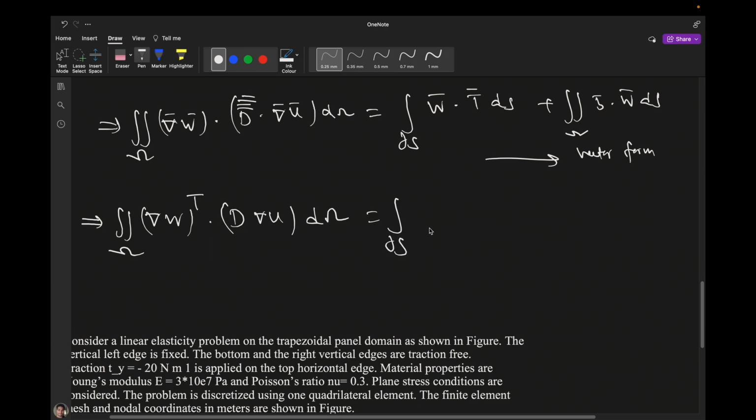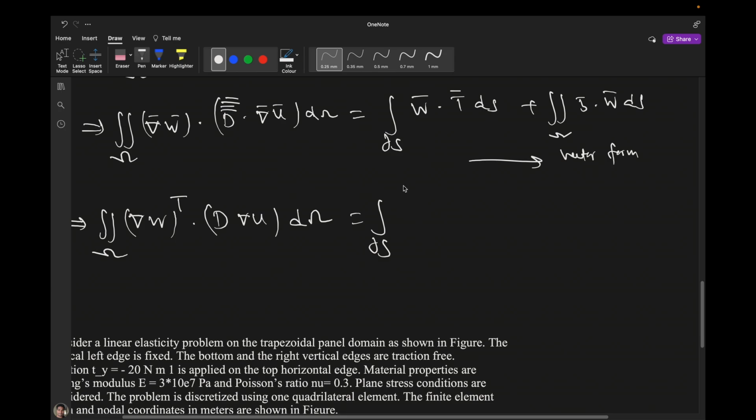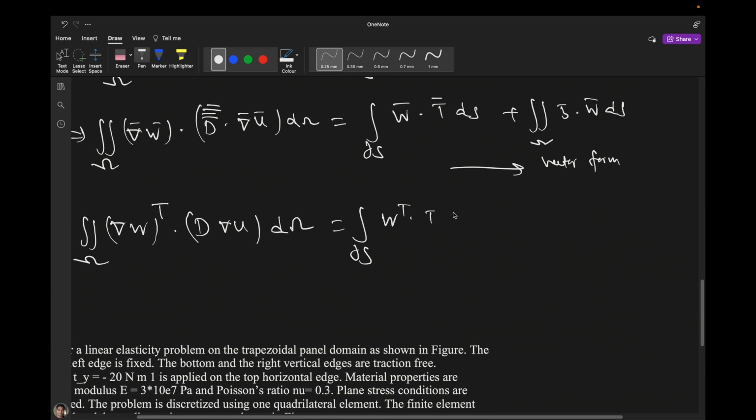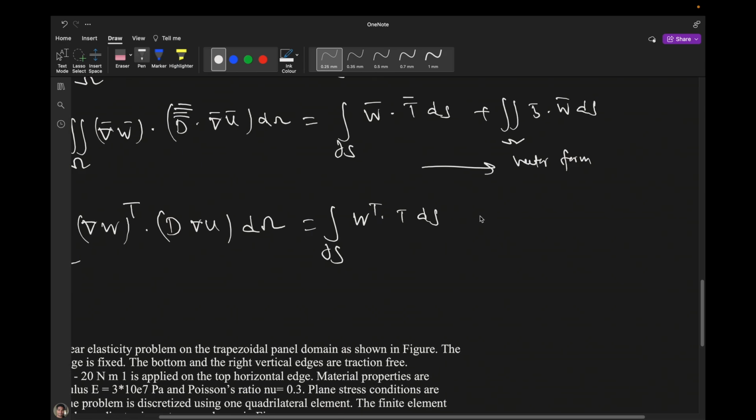And here you can write W transpose dot n or transpose dot t, it won't matter, so it will become dot t ds plus B transpose dot W, or it won't matter, all are vectors, so we can also write W transpose B ds.